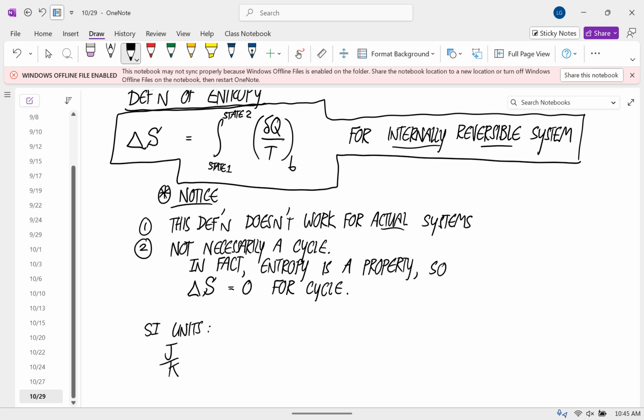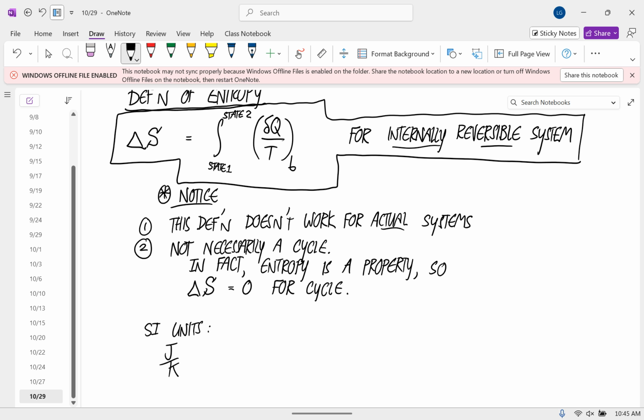Now we have this new property called entropy that also appears in tables and websites. And the way they calculate entropy for tables is very complicated differential equations using this definition. But it's going to turn out to be a really useful idea, even though it's a very abstract idea.